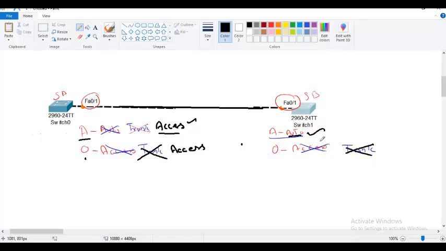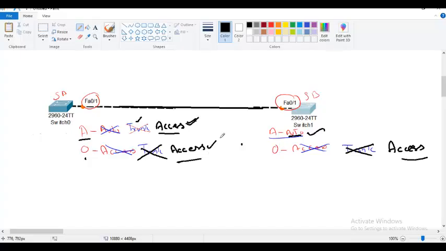I'm going to show you that. I'll go and change this trunk to access. As soon as I change it as access, this will be forced to be an access. And the negotiation will get withdrawn and this will go back to access. Switch B will go back to access automatically. Let's see that. Right now, switch B is trunking because of negotiation.